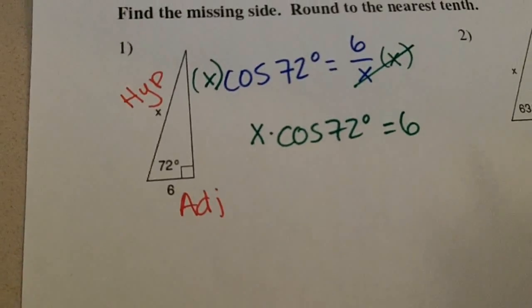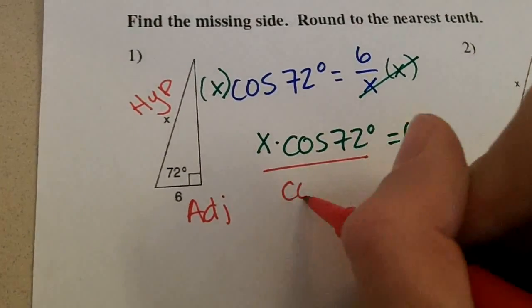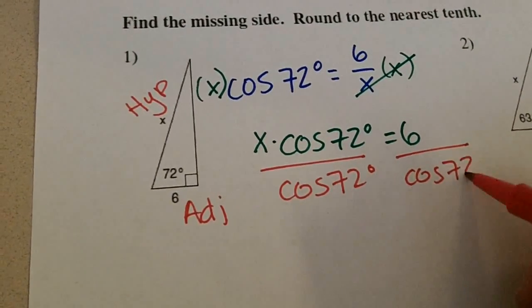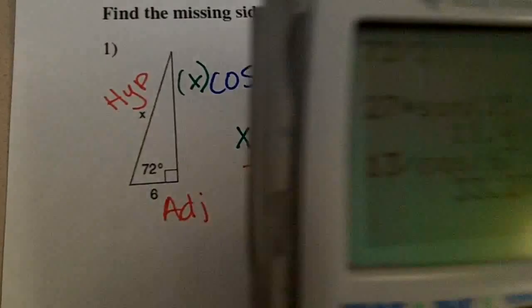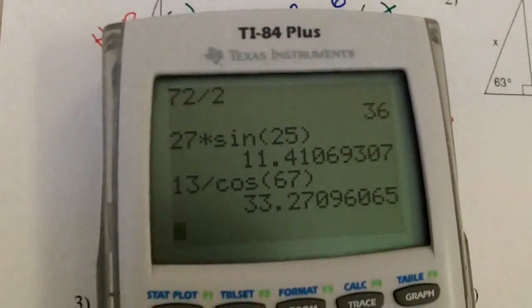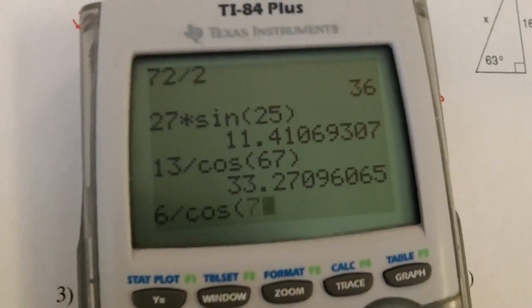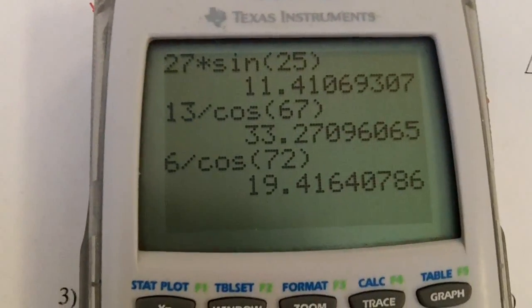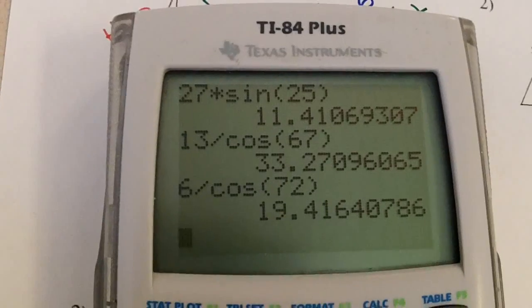And then divide by the cosine of 72. So x is 19.42.